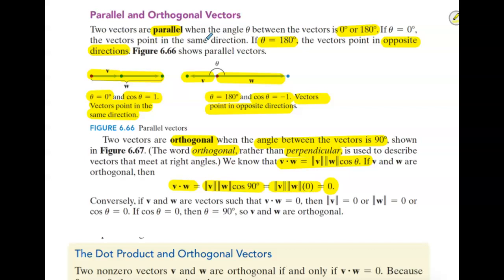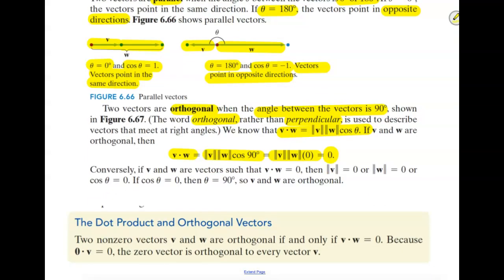So those would be considered parallel or orthogonal. So our yellow box says two vectors are orthogonal or perpendicular if their dot product equals 0. All right, let's go on to an example on the next slide.